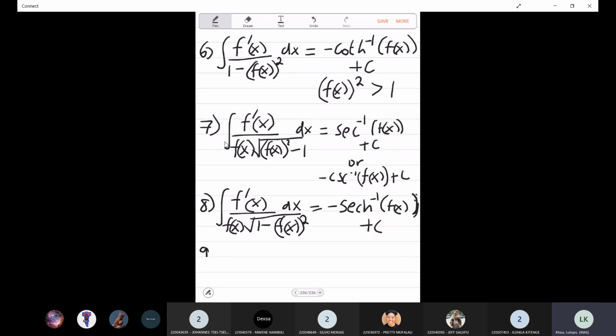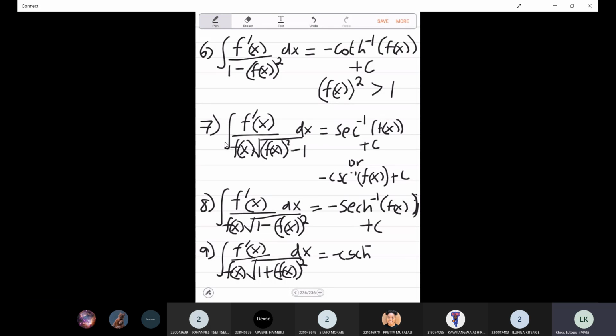And number 9, the integral of f prime of x over f of x times the square root of 1 plus f of x squared dx. This is minus cosec hyperbolic inverse of f of x plus c.